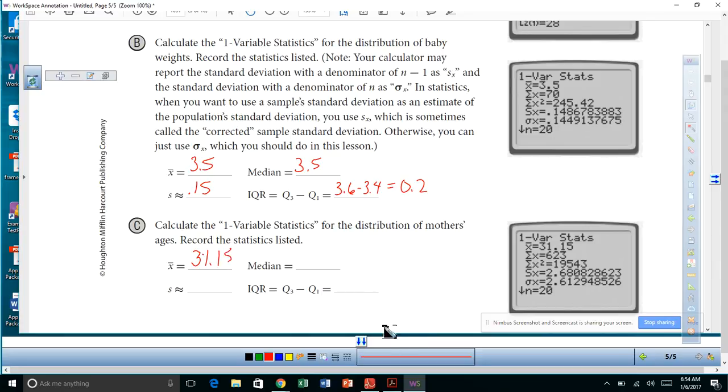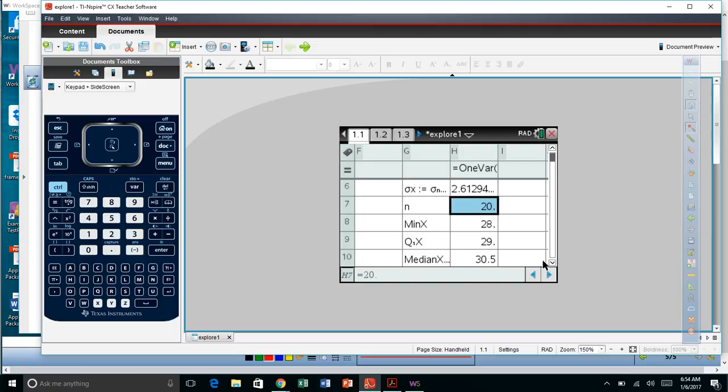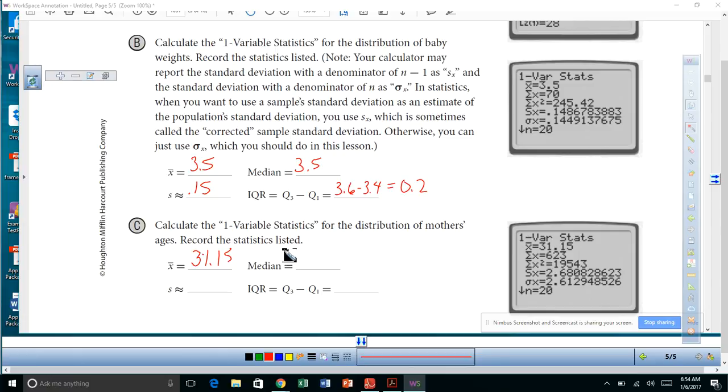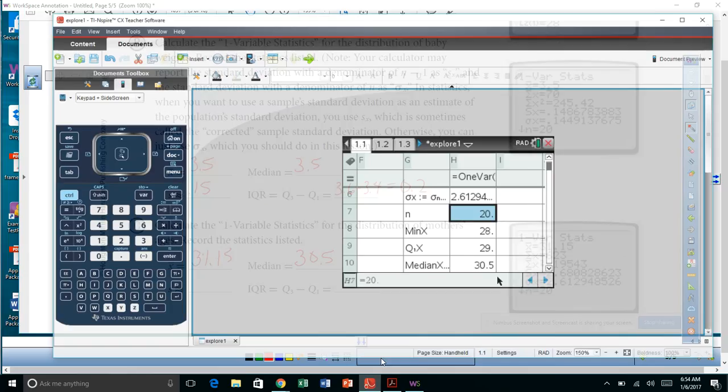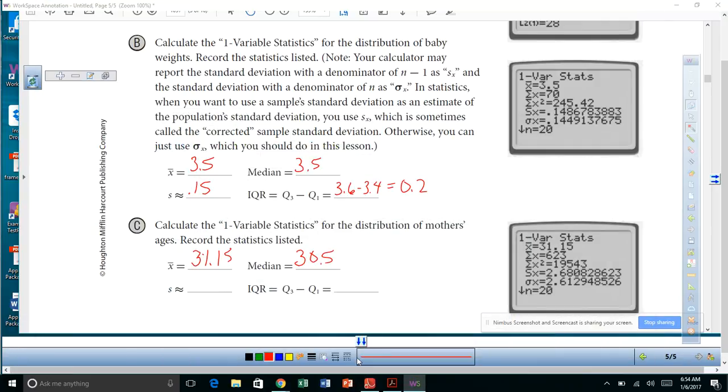31.15. The median, remember this one was kind of skewed a little bit, is going to be 30.5. The S is 2.68, so we'll just say about 2.7.